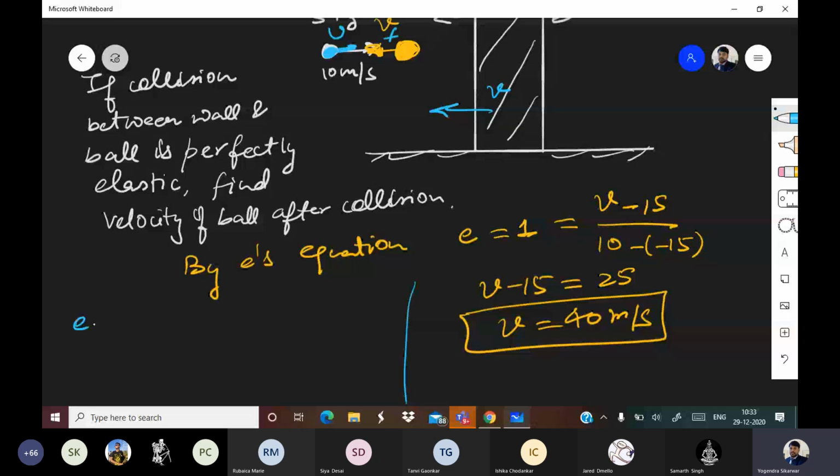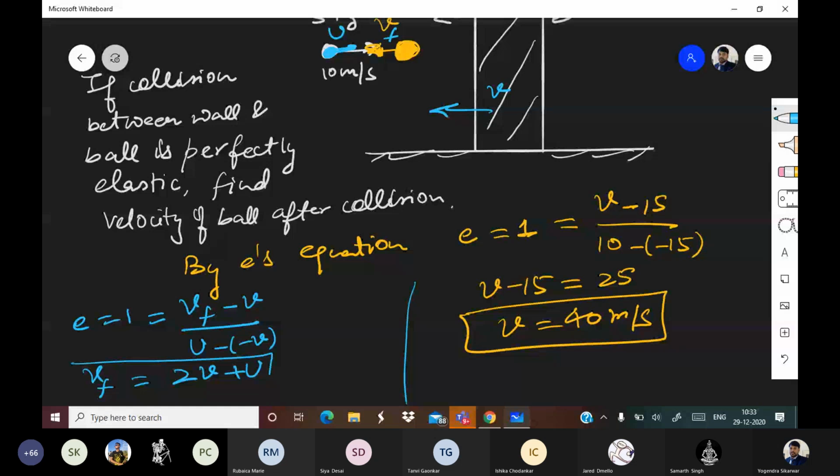So E is equal to 1 is equal to velocity V final minus V upon U minus V. Okay. So that gives us V final is equal to 2V plus U. Remember that U is velocity of ball and V is velocity of wall.